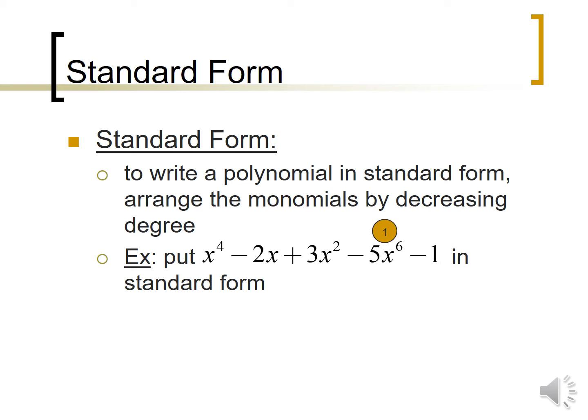What will the next term be? I think the next term should be x to the fourth. And after that, we'll have 3x squared. After that, the minus 2x because that degree is 1.